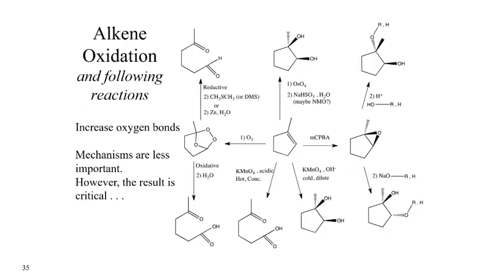The next slide is our alkene oxidation reactions, and I'm actually going to pause the video and slide around so you can get the reduction in the same ones. So what we are starting with in this figure is this center point, and each of these reagents branching out are our oxidation reagents. Okay? Some of them have extra rules that happen in secondary steps that are also oxidative or reductive.